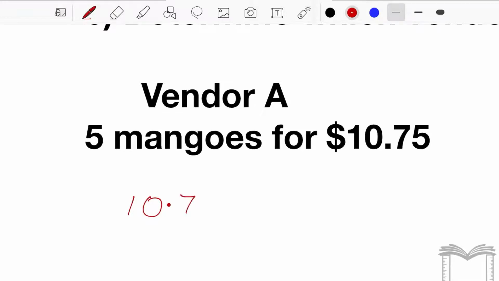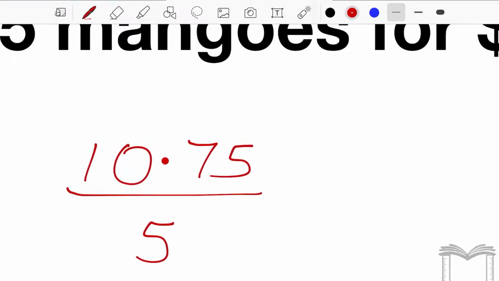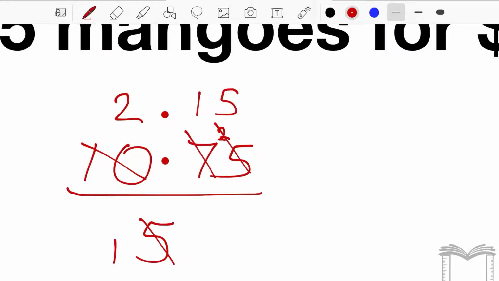$10.75 divided by 5. 5 into 5 is 1, 5 into 10 is 2. Put back the decimal point. 5 into 7 is 1, remainder 2. 5 into 25 is 5.